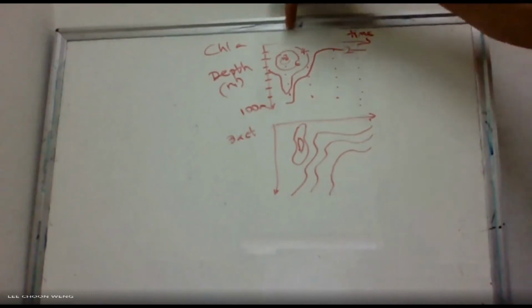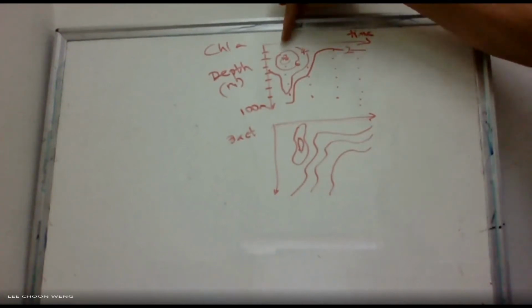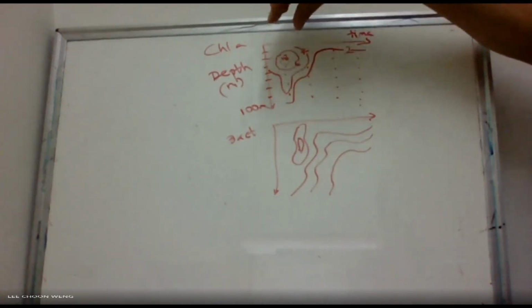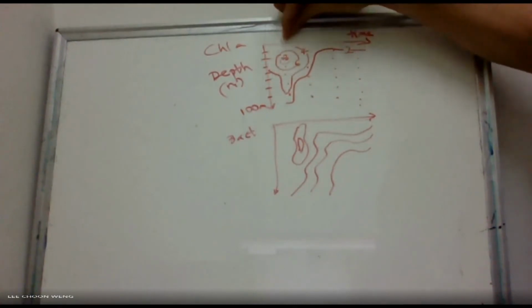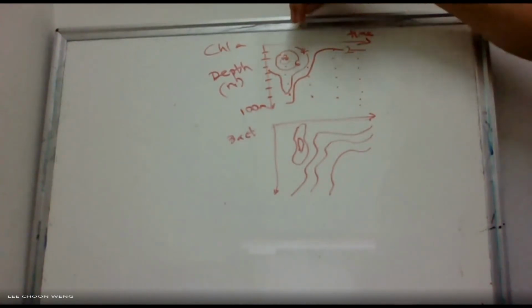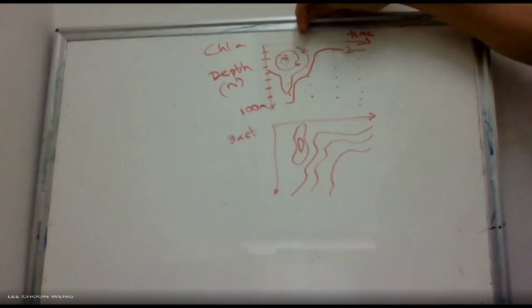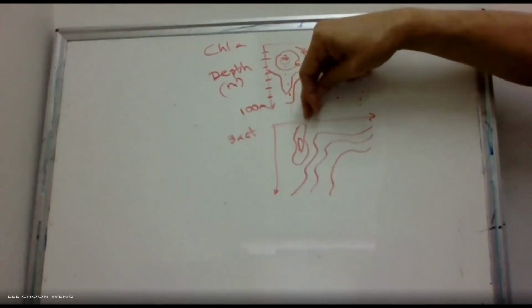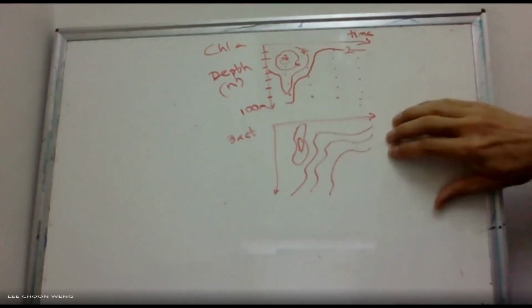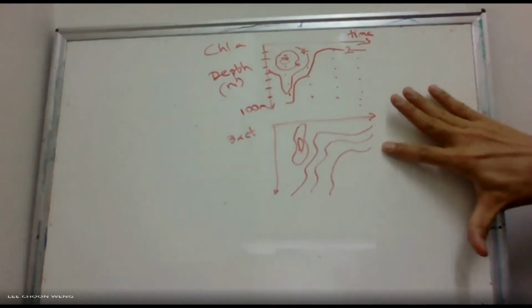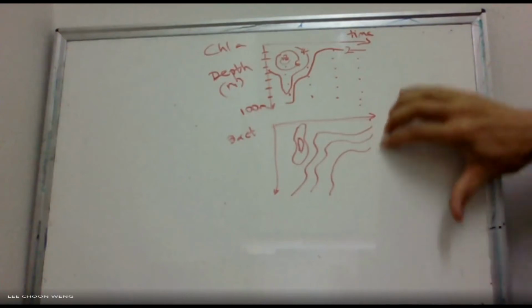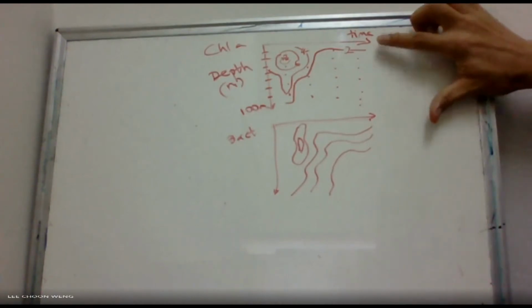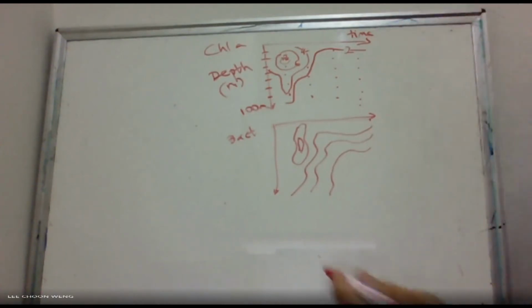So the initial phytoplankton bloom here, the phytoplankton increase strikingly. Then there will be DOM production, which will stimulate the bacteria later. And because bacteria are heterotrophic, their distribution covers a deeper area and is not limited only to the surface.